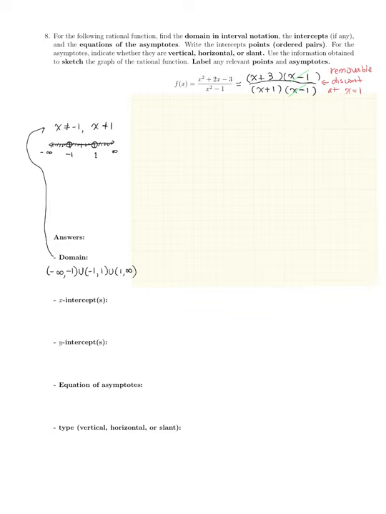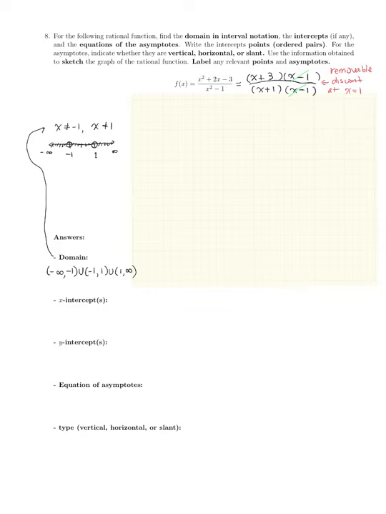Okay, so now let's go with the x-intercept. To find the x-intercept, you set y equals 0 and solve for x. Now, if y equals 0, only the numerator has to go to 0. To find the x and y-intercepts, look at the reduced rational function. In this case, it's x plus 3 over x plus 1.